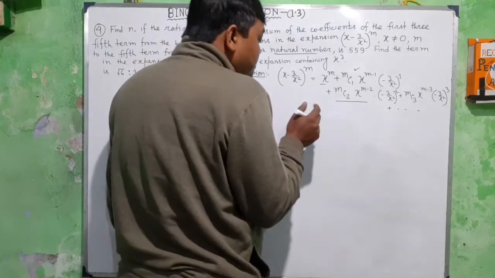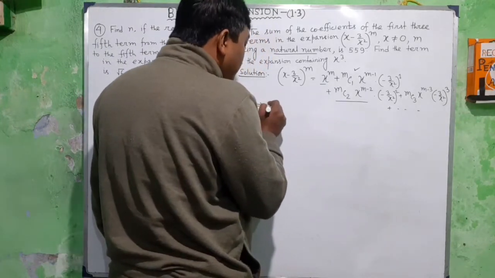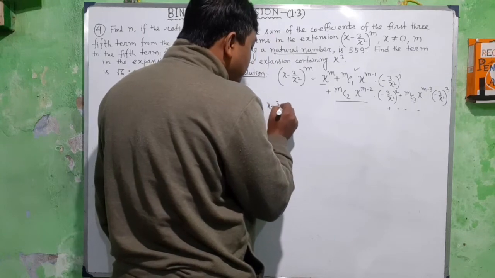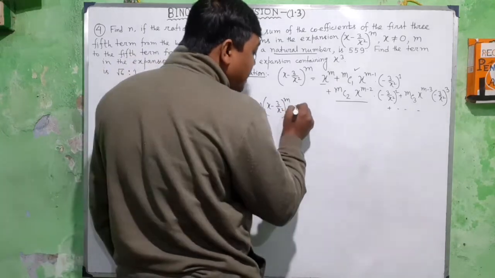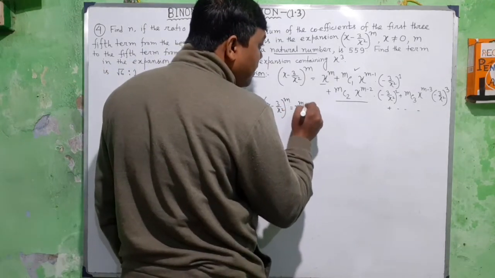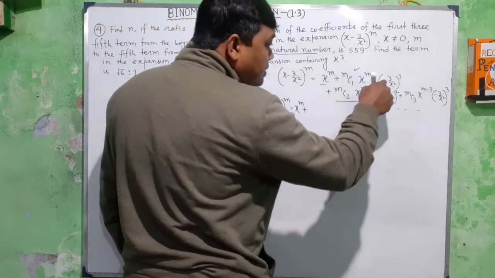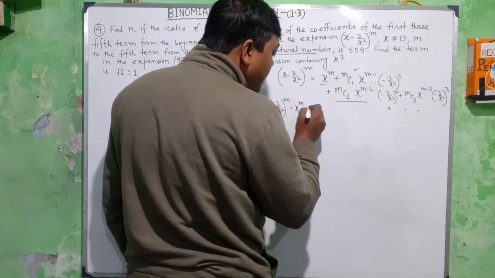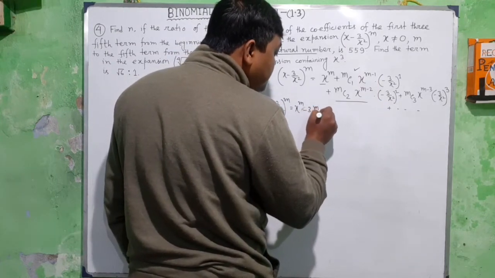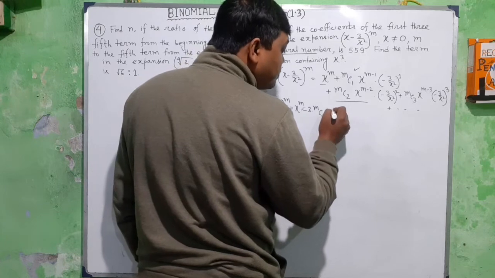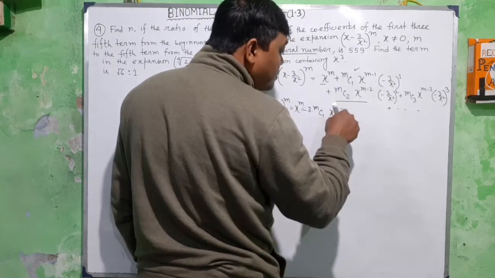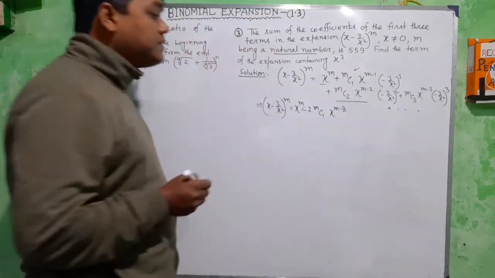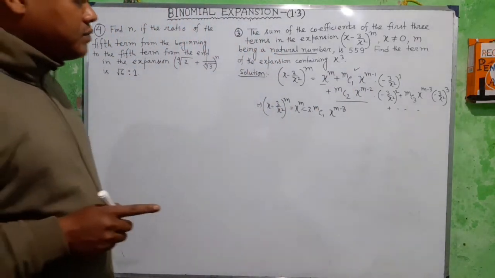I have to add all the coefficients of the first three terms. First I have to simplify the terms. (x minus 3 by x square) whole to the power m. If I write this, it is x to the power m, and then minus 3 into mC1 x to the power (m minus 1), and taking the power minus 2 gives x to the power (m minus 3) according to the indices rule.